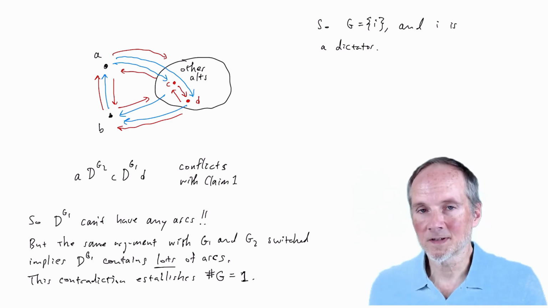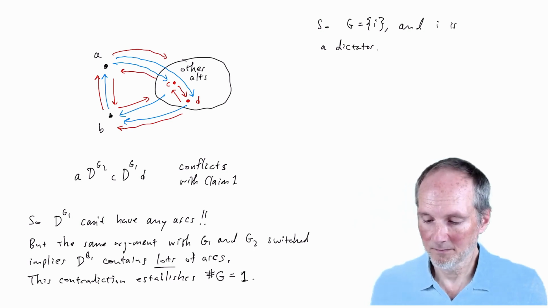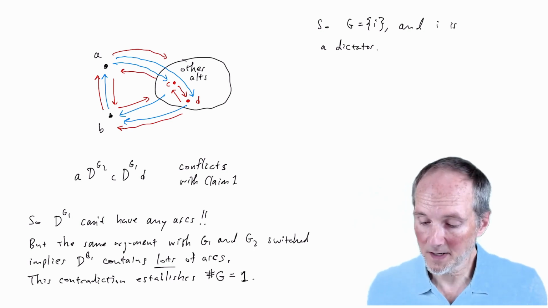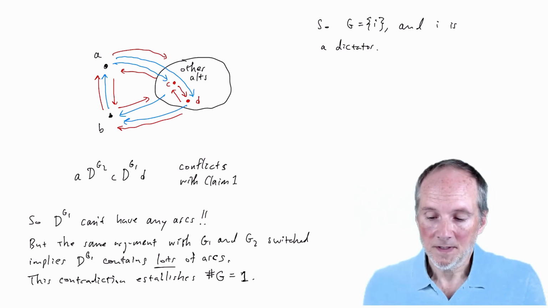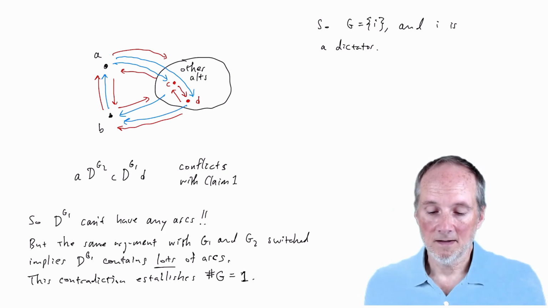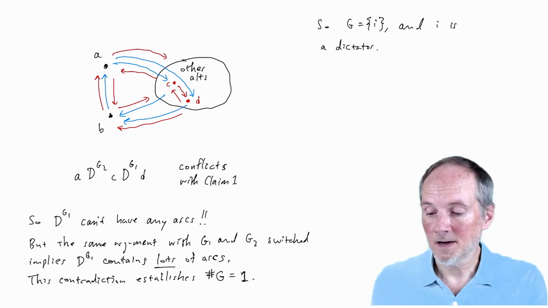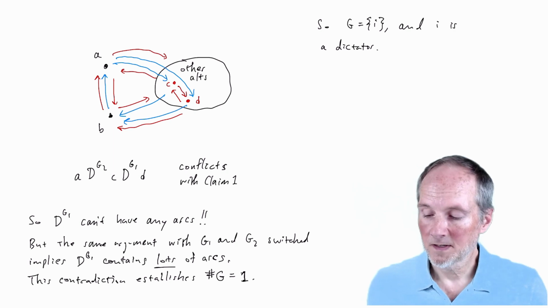Even so, the first time you see this, it's probably going to be a little bit dizzying, I suppose. But anyway, that's Arrow's theorem. It shows that these 3 ostensibly reasonable axioms, certainly desirable ones, imply this concentration of power into a single individual.